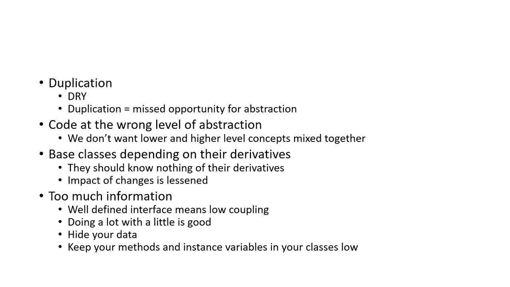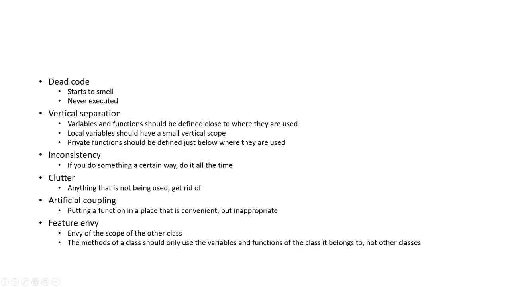If you have a lot of functions that take in an instance variable as an argument from your class, all of a sudden you remove that instance variable, you got to go back and change those functions. So keep your methods and instance variables in your classes very, very low.